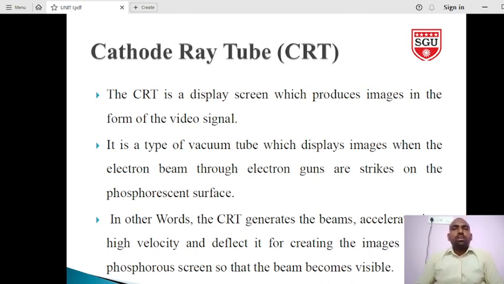In other words, the CRT generates beams, accelerates them to high velocity, and deflects them to create the images on the phosphorus screen so that the beam becomes visible.